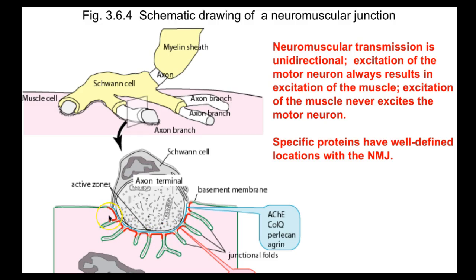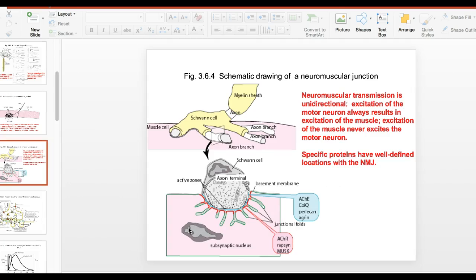The acetylcholine receptor itself is a channel. When it binds to its ligand, acetylcholine, it will open the channel to allow sodium and potassium to go through. And when it reaches threshold, it will trigger the action potential.